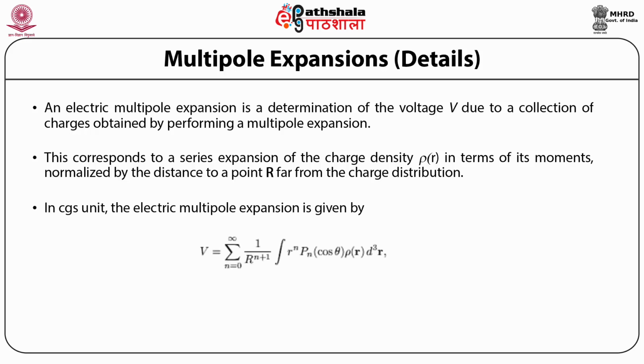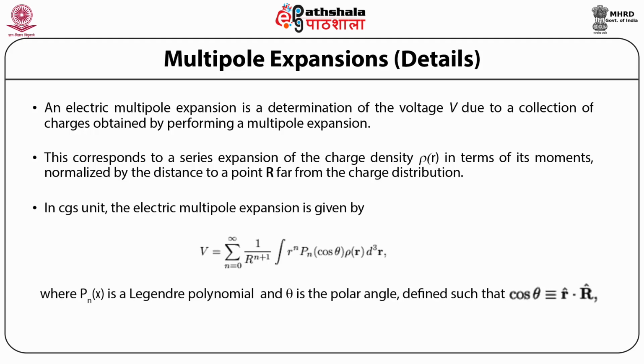That is 1 by R^(n+1), R^n P_n(cos theta) rho(r) d^3r, where P_n(cos theta) is a Legendre polynomial and theta is the polar angle between the distance capital R and the point where we are measuring the charge distribution. And cos theta is defined as given. So as you see, this is quite a good expression to calculate the multipole expansions.